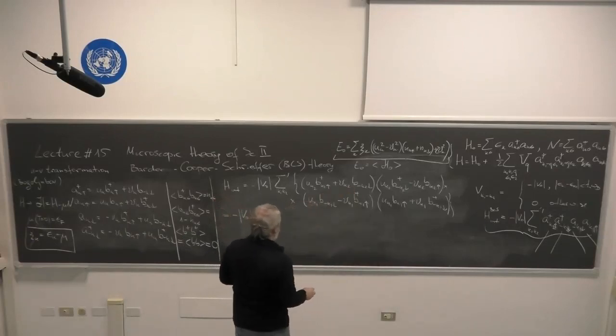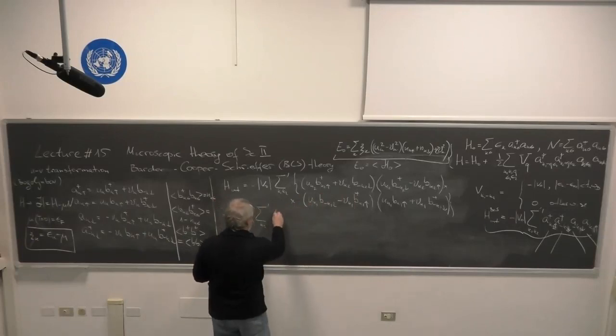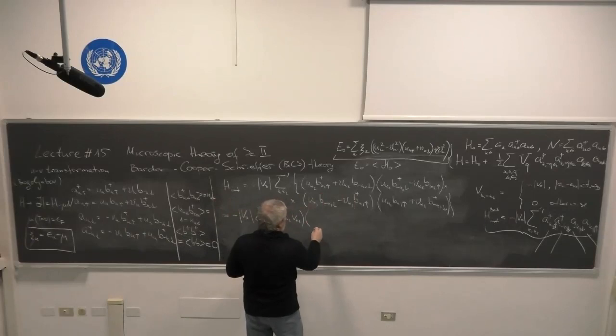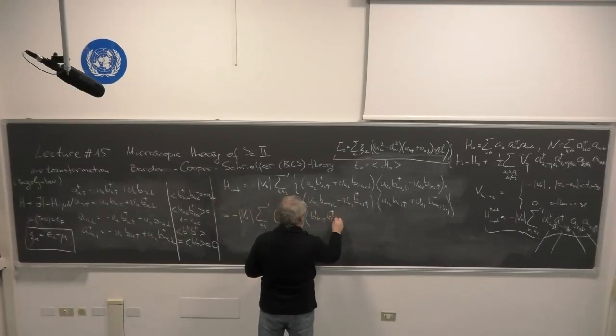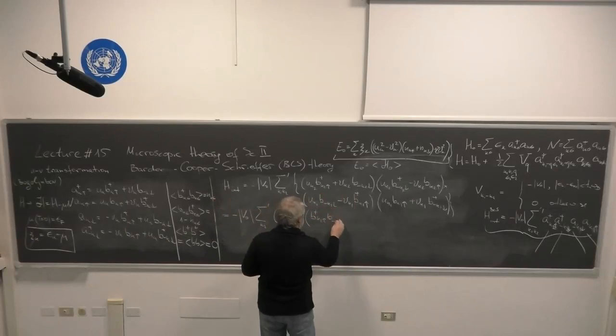So I have the diagonal term, which is minus UK2 VK2 times B dagger K2 up, B dagger minus, B K2 up. I'm writing the diagonal term.